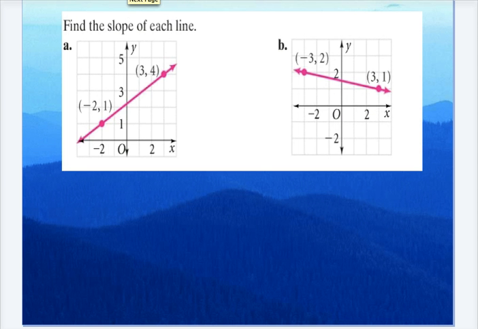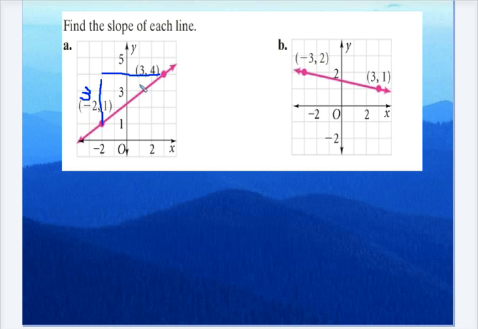Real quick, finding the slope of each line, most people have heard rise over run. When I do this, I usually tell people, let's start with the bottom point, which here happens to be 2, 1. You're rising, which is how much you go up. The run is how much you go over. Here you'll notice you're going up 1, 2, 3.